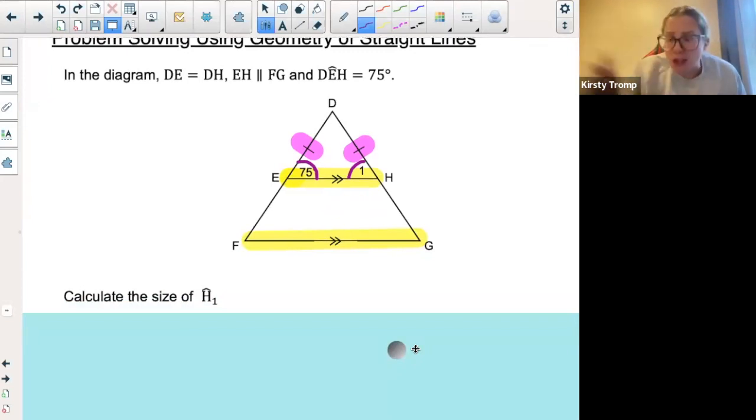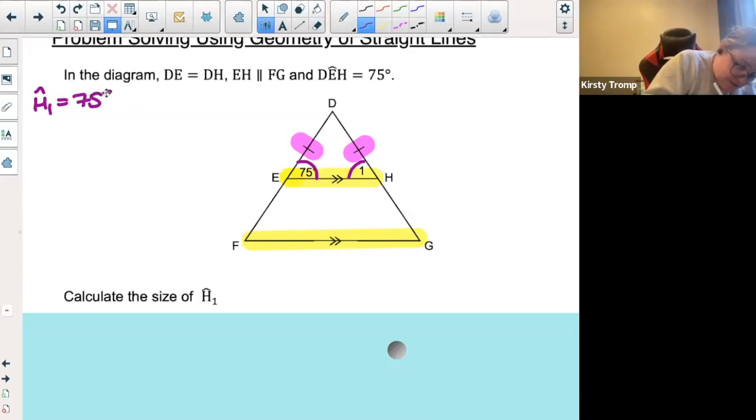I didn't even need to look at the question because I knew it was coming, and I already know what the answer is going to be because we brought the geometry to life. So I already know that angle H1 is going to be equal to 75 degrees.